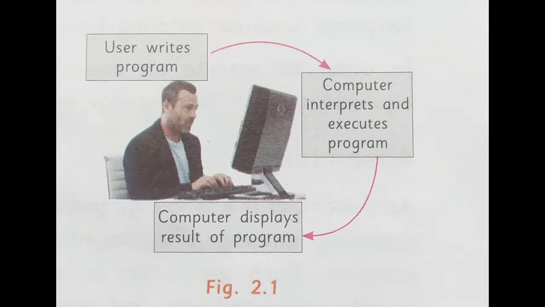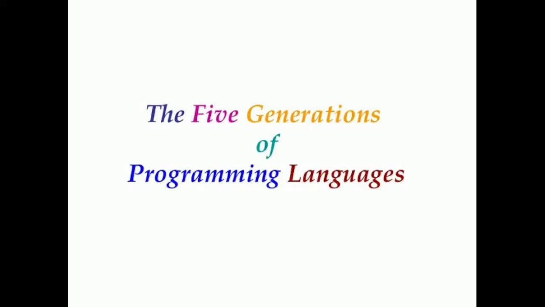So you can see in the image how a user writes a program and a computer interprets and executes the program, and the same computer displays the result of the program to the user. Programming languages have been classified into different generations.